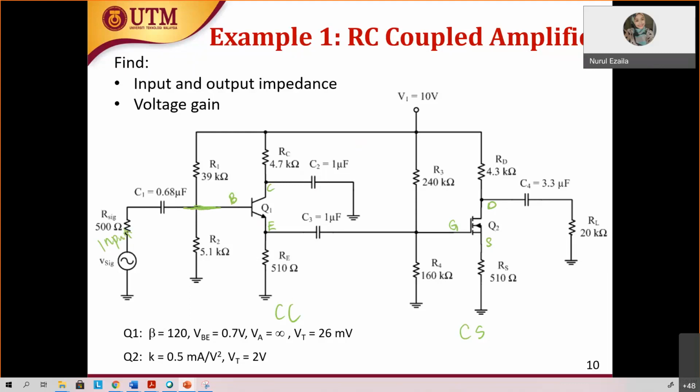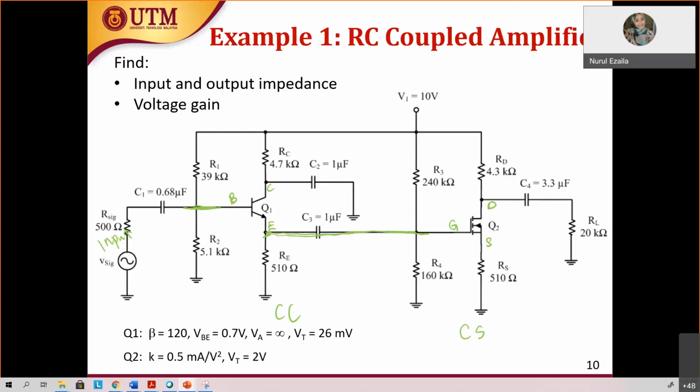Remember that I said the output of stage 1 is the input of stage 2. Now, which one is connected between stage 1 and stage 2? The emitter, right? So the emitter of stage 1 is connected to the gate of stage 2.